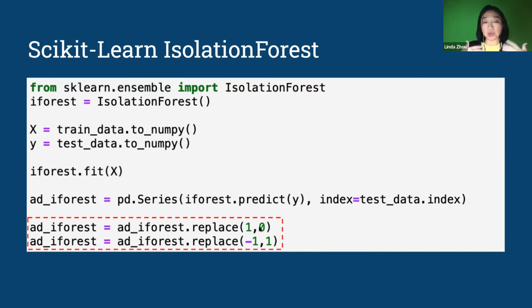So usually we replace the 1 with 0, and the -1, which means the point is an anomaly, we replace with 1. Why is it important? Because when you select an algorithm, you will run the evaluation on it. So you want to replace this before you calculate precision, F1 scores and accuracy. That's one thing I want to call out.